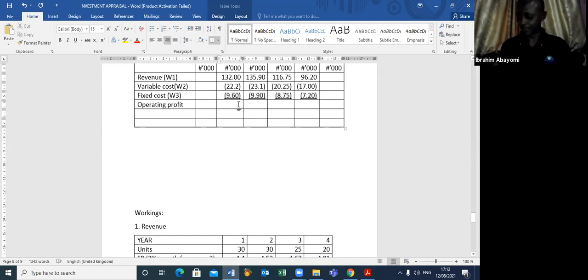Operating profit will be, in year 1, I have 132 minus 22.2 minus 9.6. I have 100.2. And in year 2, I have 135.9 minus 23.1 minus 9.9.